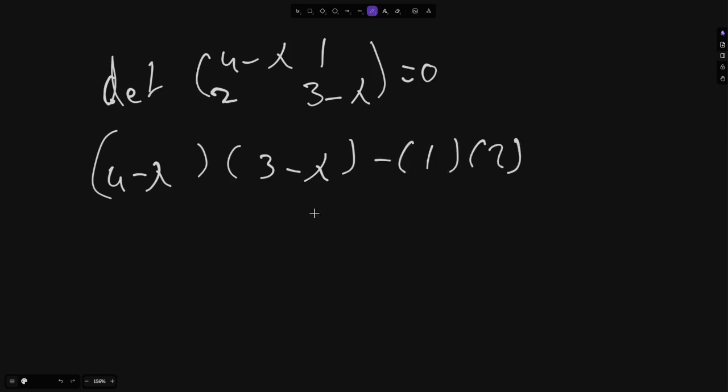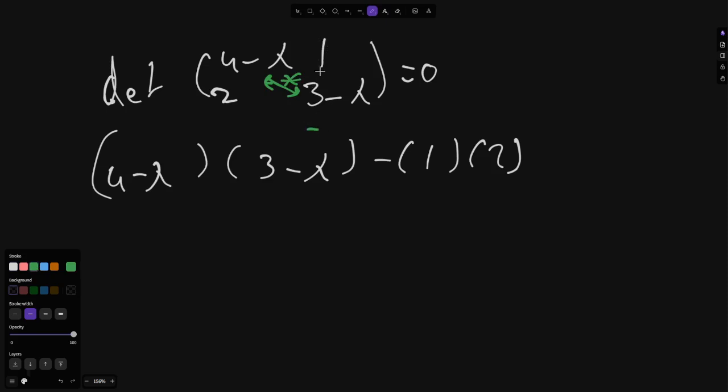What we did here is that we multiplied this by this, then subtracted the multiplication of this by this. So now it's 4 minus lambda times 3 minus lambda minus 2 times 1. That was the next step.